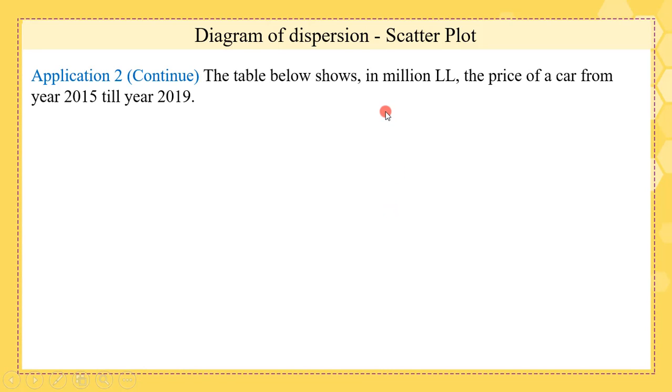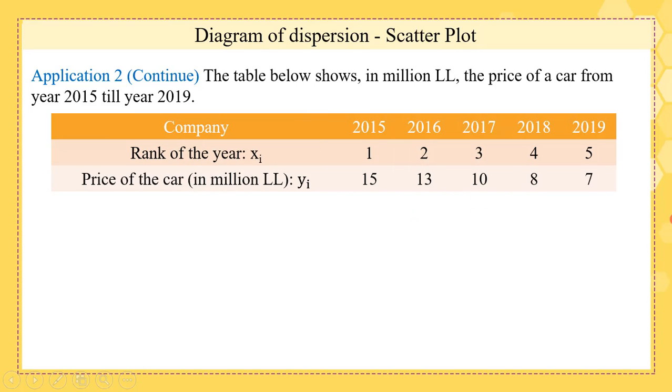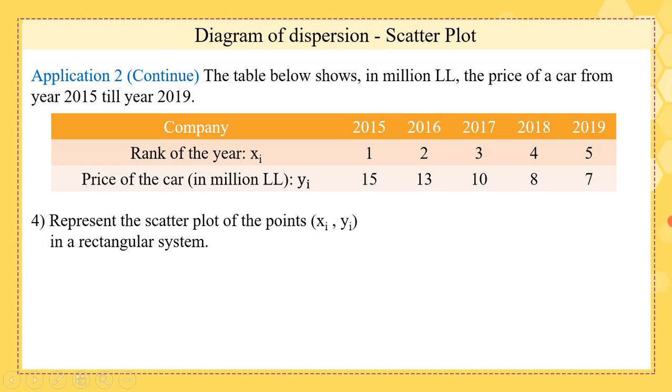The table below shows, in million Lebanese lira, the price of a car from year 2015 till year 2019. Represent the scatterplot of the points xi, yi in a rectangular system. Try to do it on a draft paper and then check your graph with the following one. So here we take the unit as 1. Between each two numbers we have 1 unit.